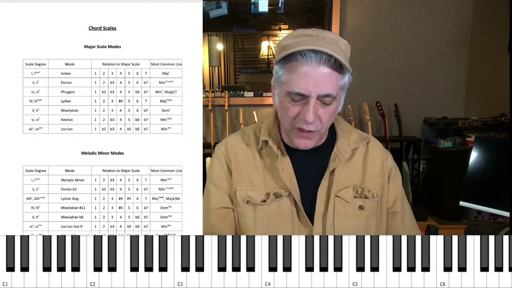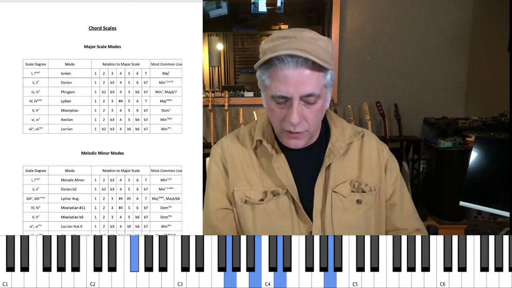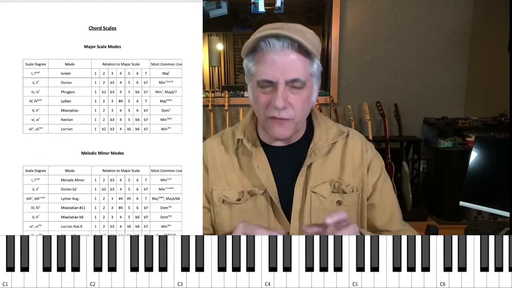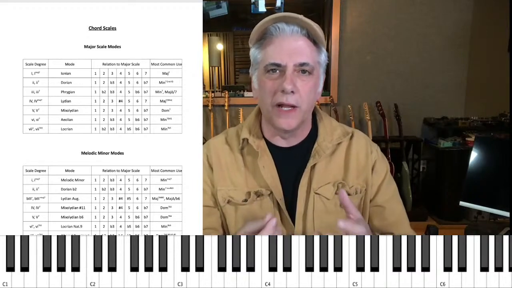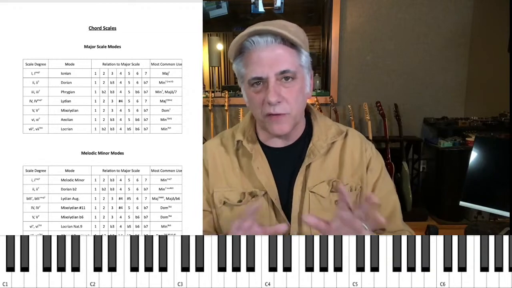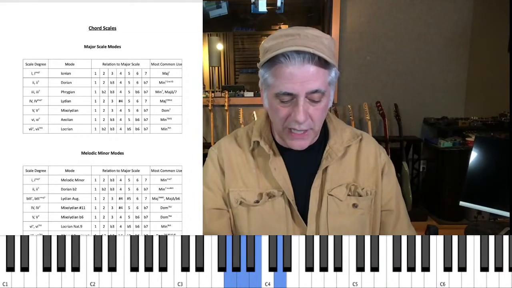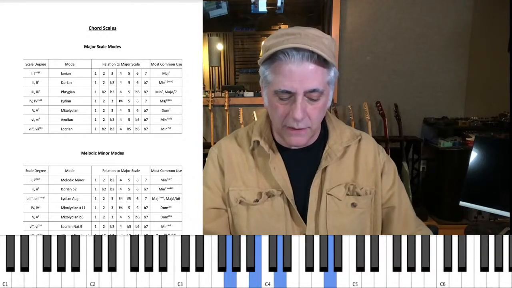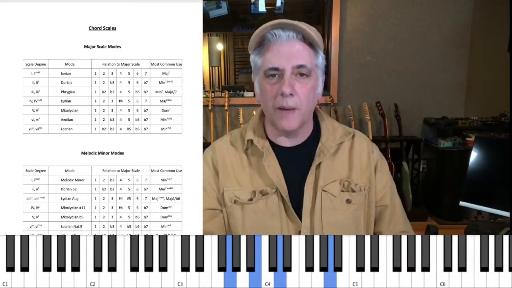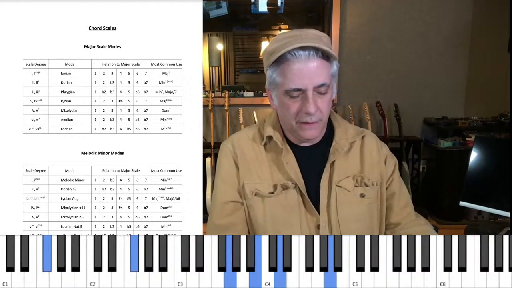So what I would do is take maybe the A and put it up on the top like that. A lot of times if you have a whole step down low in a voicing, it sounds muddy. Half steps, whole steps, you have to be careful where you put seconds in there. But when I took that G add 9 and moved the A up an octave, it just opens up the sound a little bit.